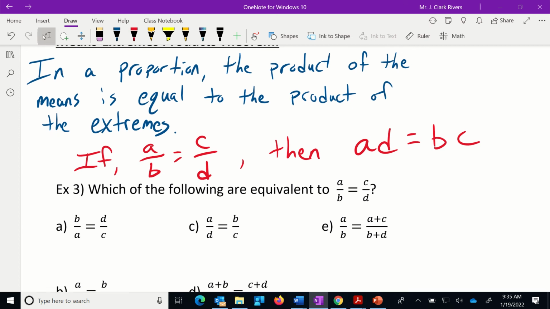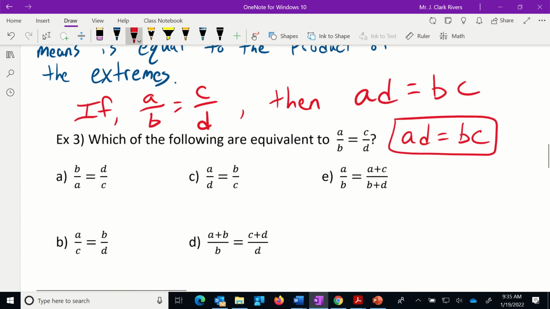So looking at example 3, it says which of the following are equivalent to A over B is equal to C over D. Now remember, we just said A over B is equal to C over D. If that's going on, then AD must equal BC.